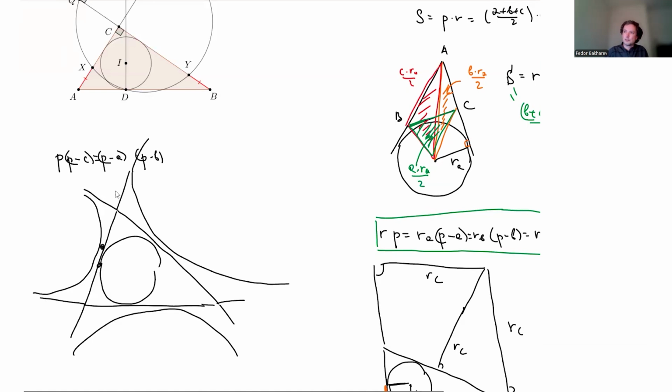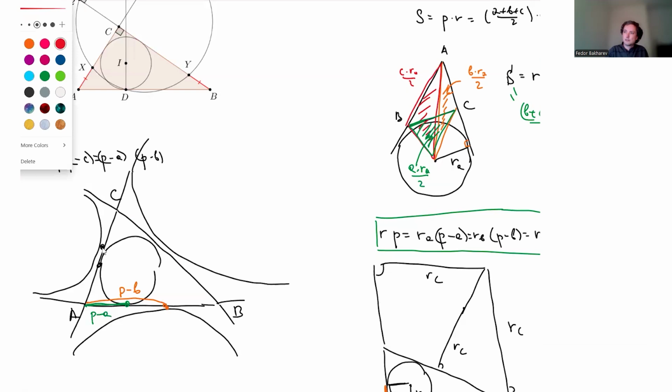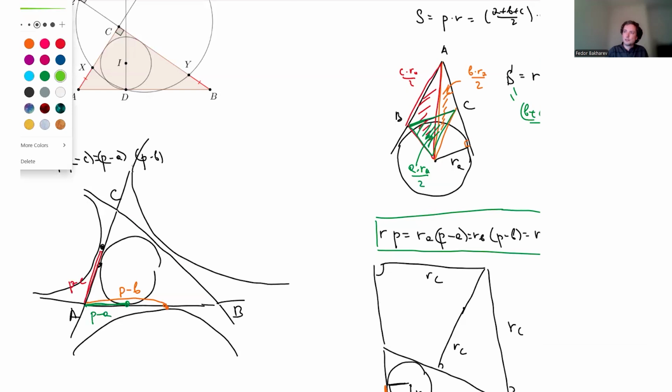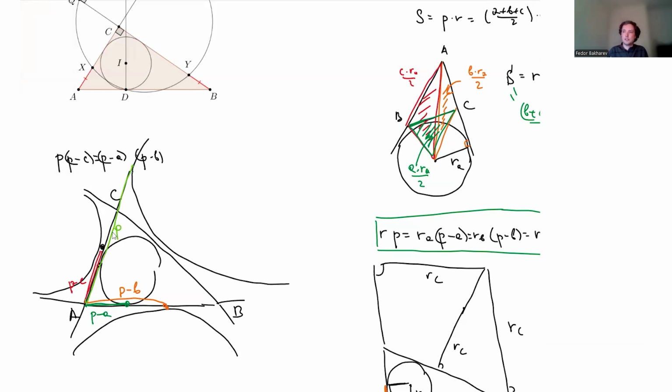And if this vertex is C, this is A and this is B, then we will get that this stuff is P minus A, this stuff is P minus B, this stuff is P minus C, and the rest, for example, this one is P.